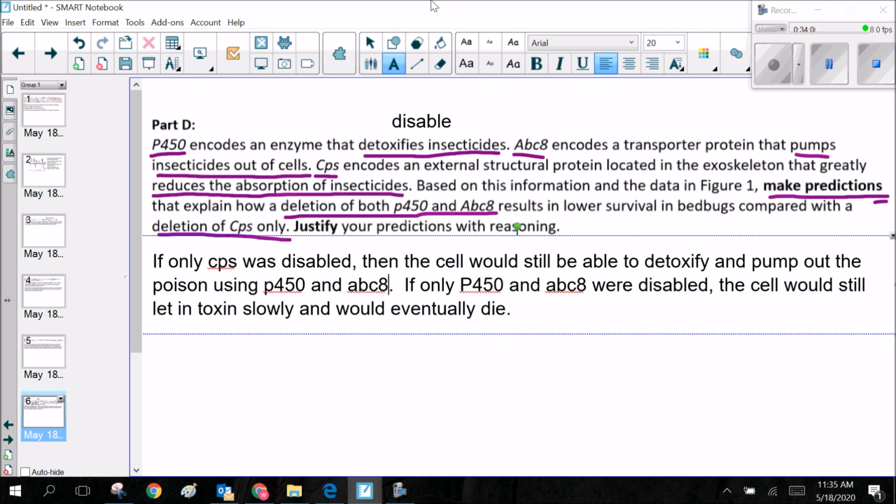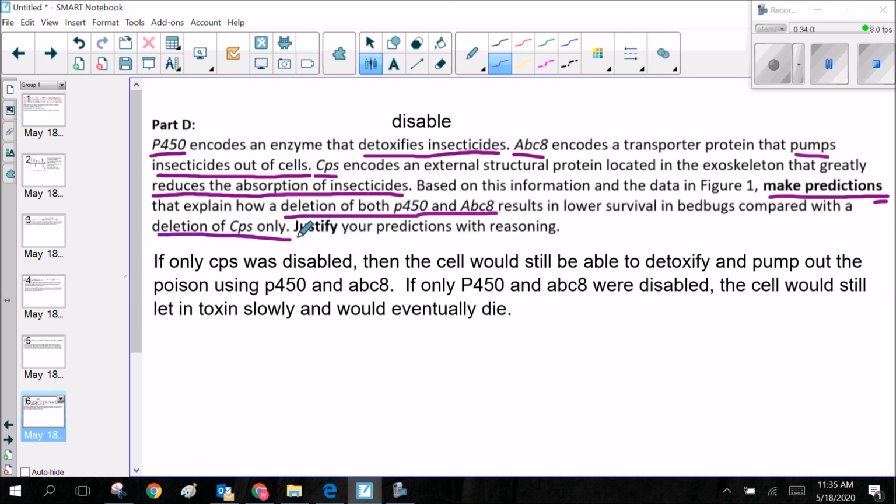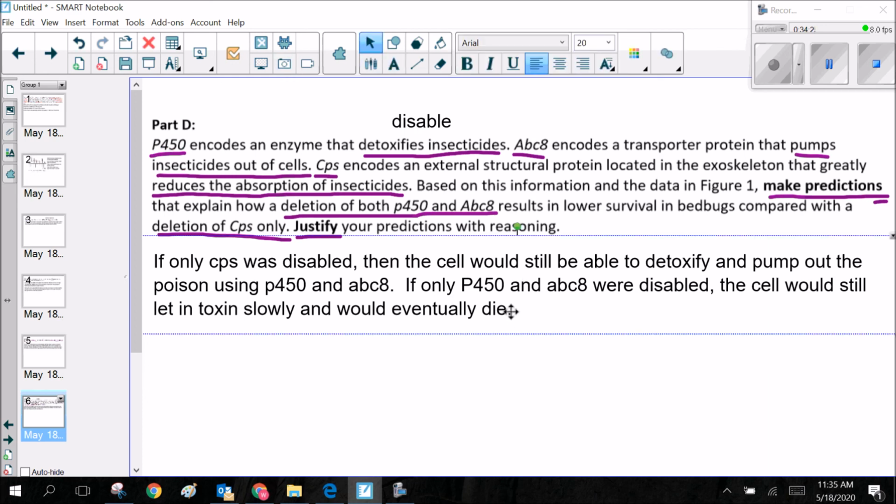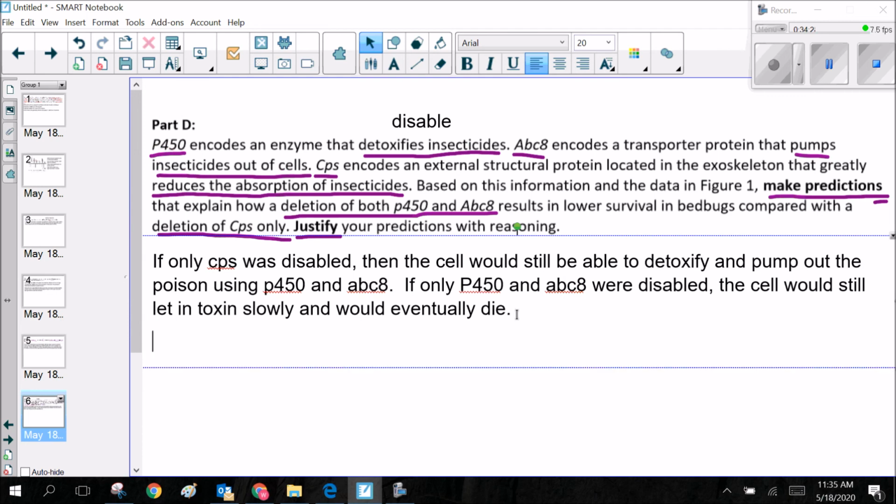Okay, so then the last part, justify those predictions. So justify the predictions with reasoning. Okay, they didn't say with data, with reasoning. Okay, so in justifying those predictions, I may have already gone ahead and done that because I basically added this as part of that prediction. Okay, so well, let's go ahead and see if we can add on to that to better justify it.